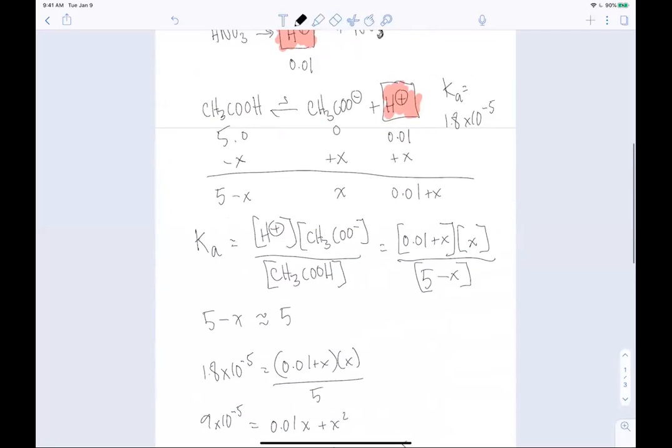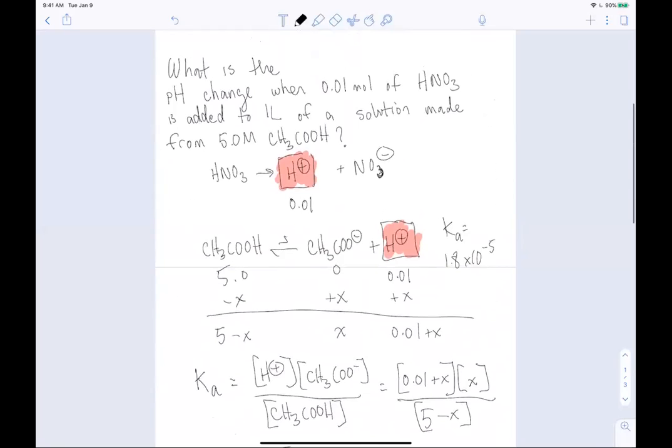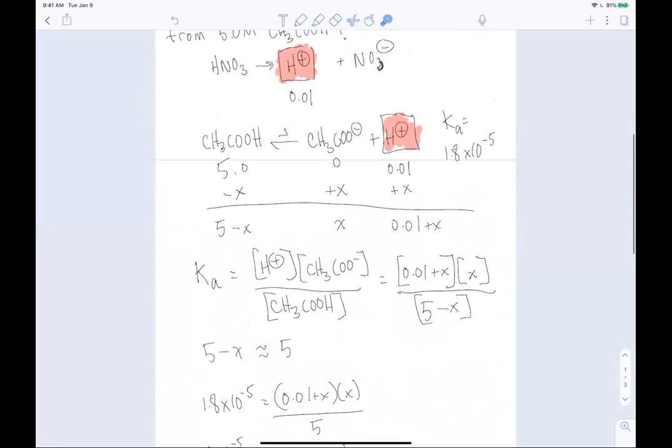So we left off last class looking at this problem, which was trying to figure out what the pH change is if I take 0.01 moles of nitric acid and add it to a 5 molar solution of acetic acid. What does the pH come out to be?